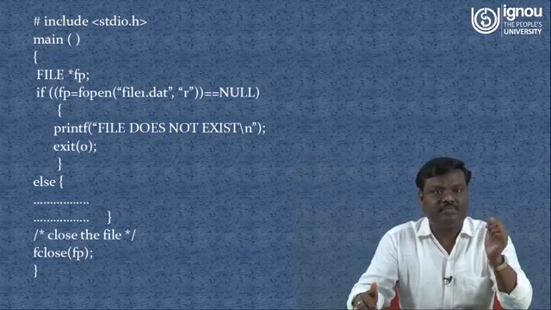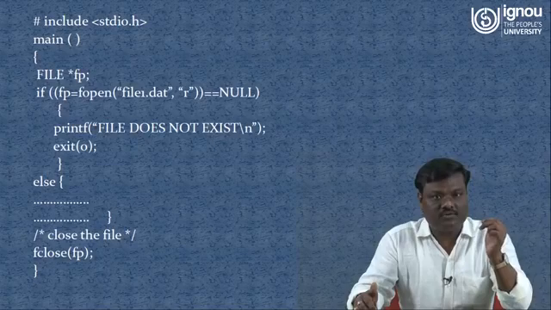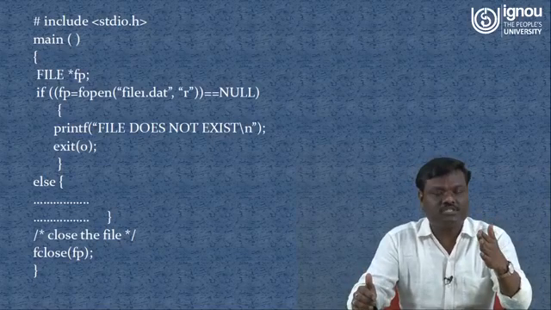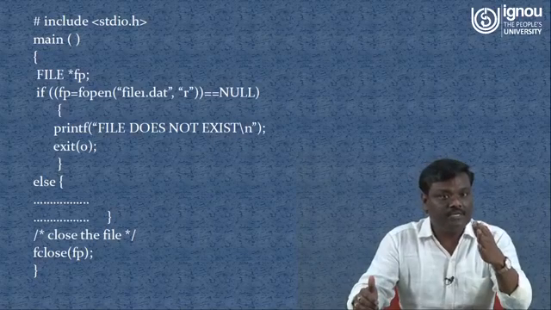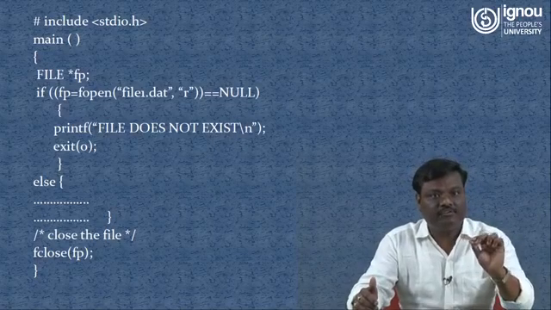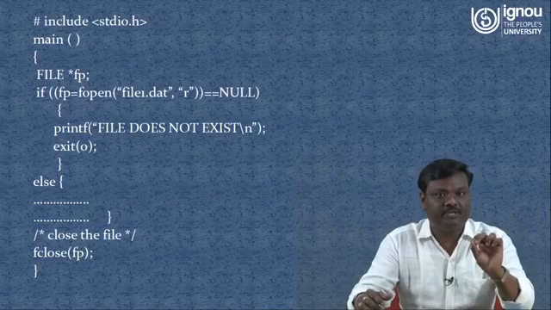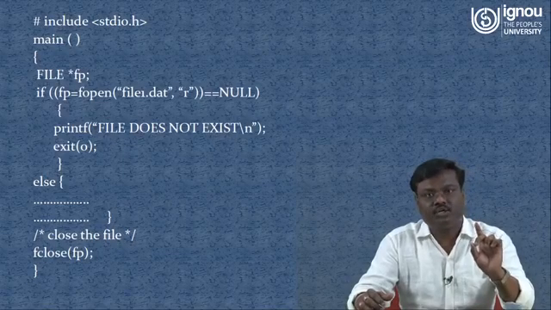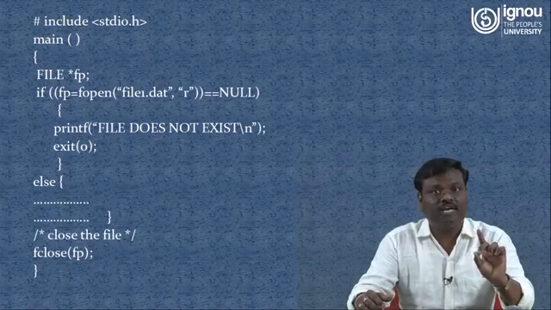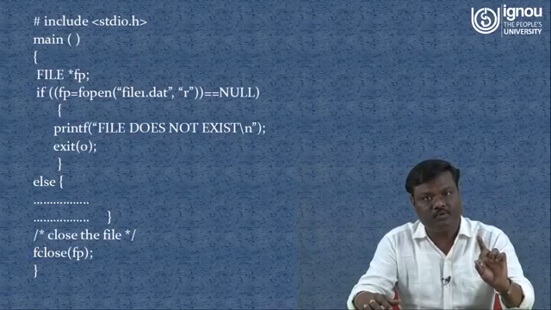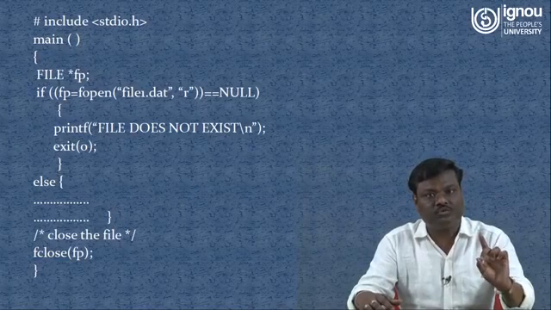That is the simple statement we had written in the if statement, then exit 0. Else, if it successfully opened, then some processing will continue, and you can see that the file pointer fp we are closing before the main program ends, fclose within braces fp. This particular practice you have to look into while working with files. Whenever you open a file in read, write or append mode, all those files should be closed towards the end of the program.